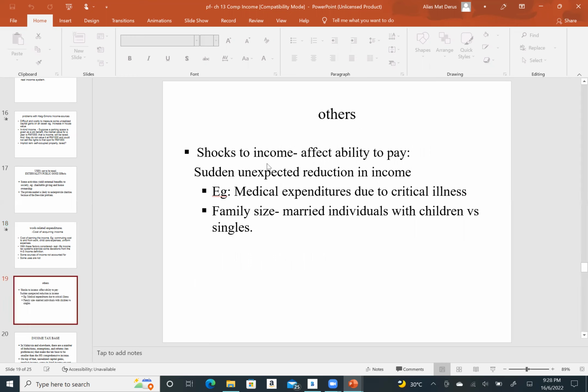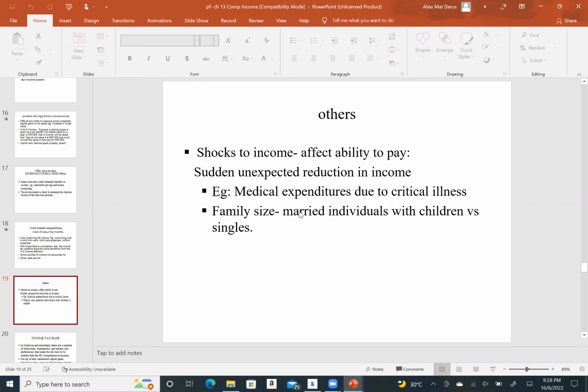This one I didn't mention. Shocks to income. Sometimes our income is almost stable every month, but in any given month you may have a shock to the income. Why? Sometimes you have an emergency, for example, critical illness of one of our family members or ourselves, where during that period you have to incur significant medical expenses.